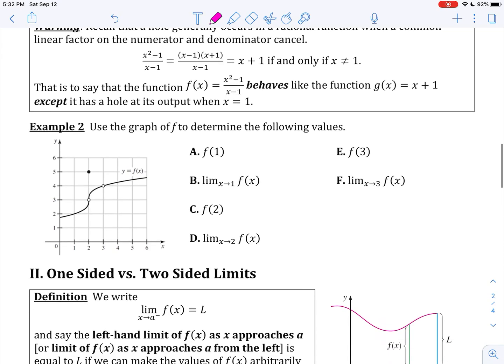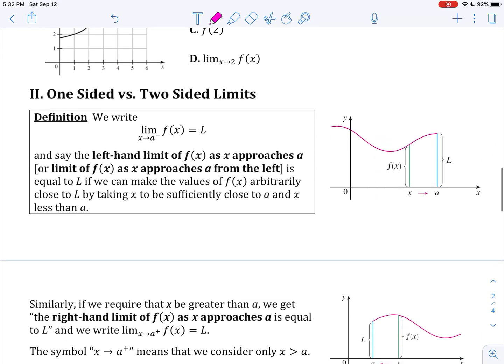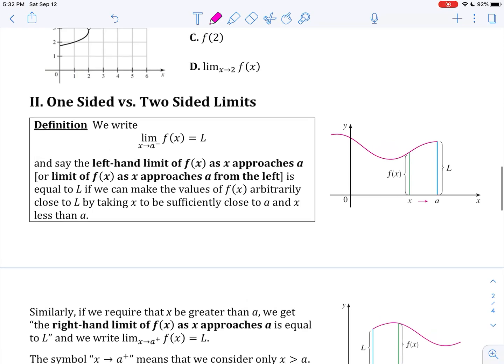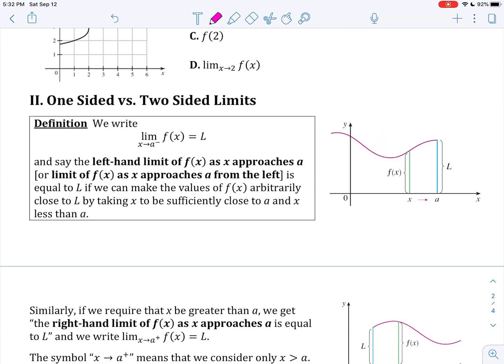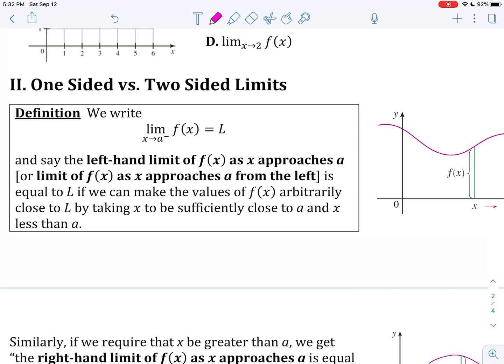So let's practice with some of these. And also I wanted to note some notation. So notice here one-sided limits versus two-sided limits so that we can practice with some examples. Notice here that this expression has an extra sign right after the a. We call that, and we say that this is the limit of f of x as x approaches a from the left.